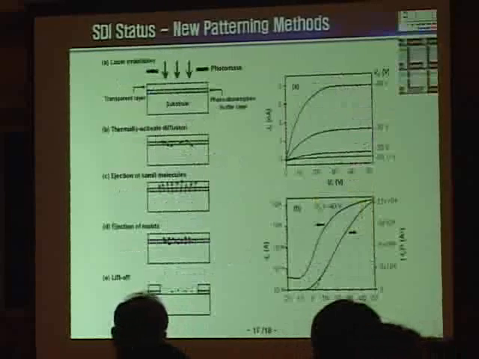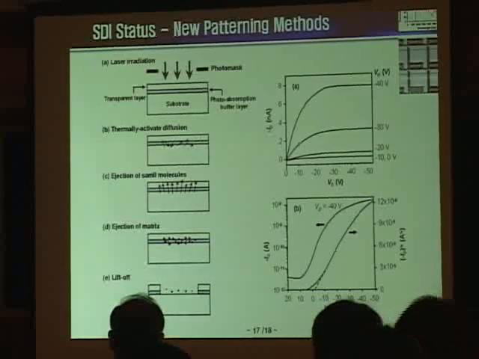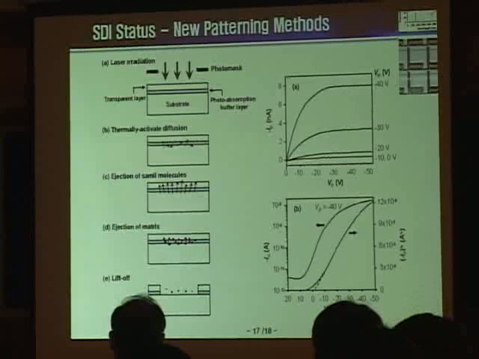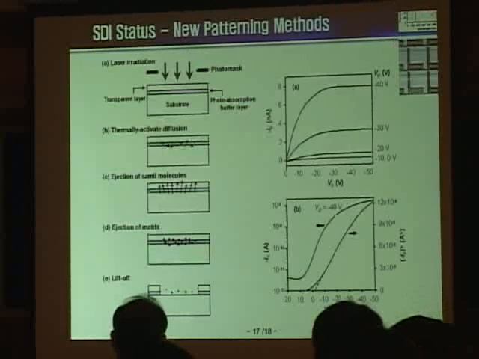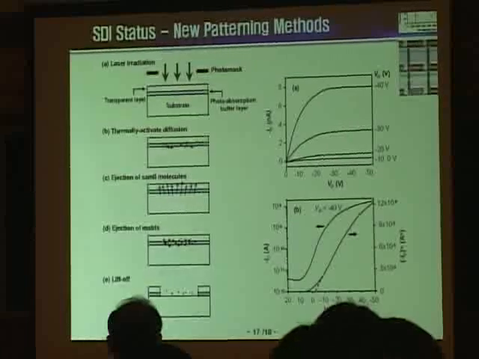Next slide, please. But in the case of Cytop, it cannot absorb any UV light, especially at 248 nanometers. So we insert another layer which can absorb the UV light very rapidly.